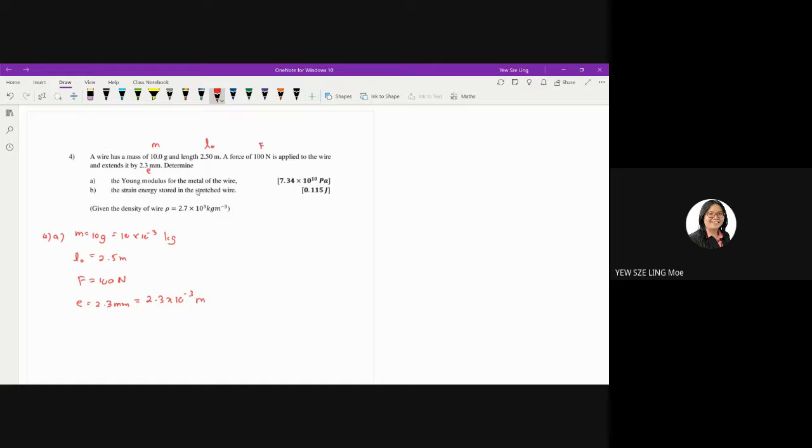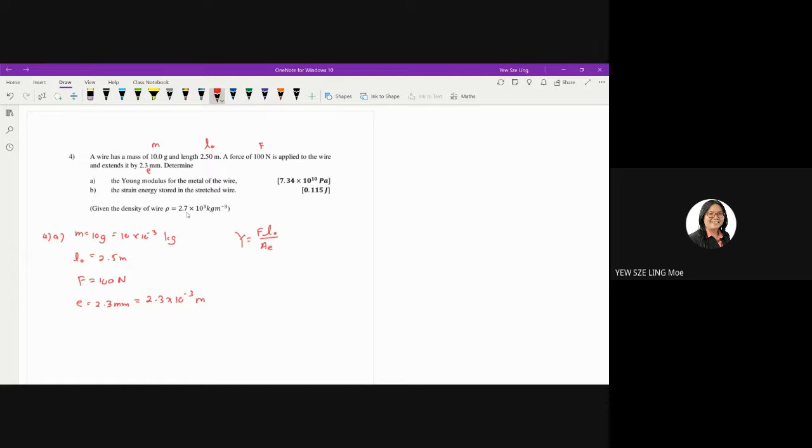Okay, so the question is asking for Young modulus. Straight away you just apply Y equals F L naught over A E.